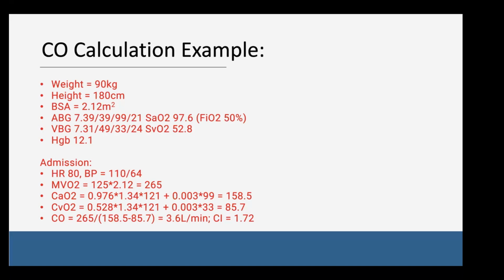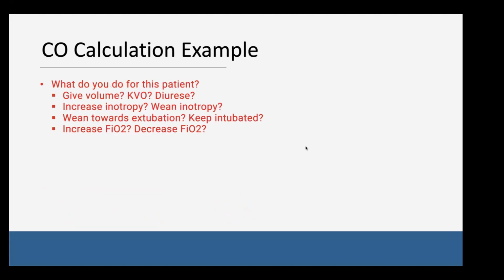So I will open this up to the group to ask, what do you do for this patient now that you've admitted this patient? He's come in overnight. You're admitting and taking care of this patient, and you do this number, you get these hemodynamics, you know that the patient is on 0.03 mics per kilo per minute of epinephrine. So how would you manage this patient?